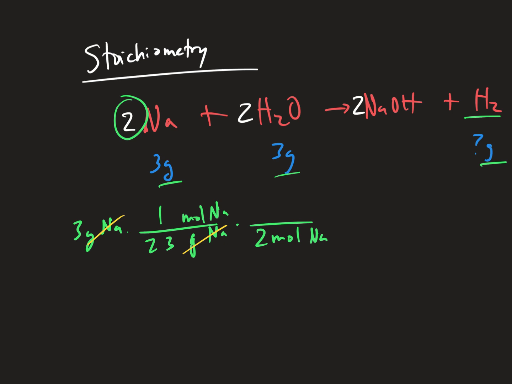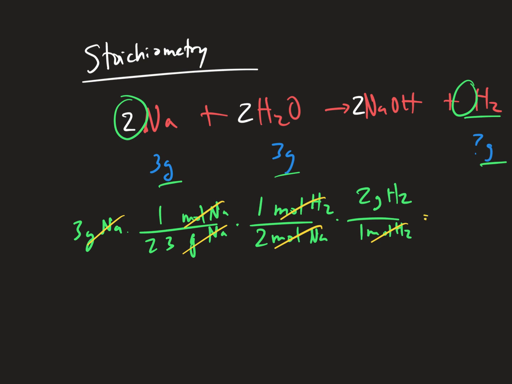So how many? What goes on top? 1 mole of H2. Are you all with me? Questions? Okay, so that goes away. And we got to go clear to grams. So for every 1 mole of H2, goes on bottom, so they cancel, right? And what's the molar mass? 2 grams of H2. And we're left with grams, and we get an answer.